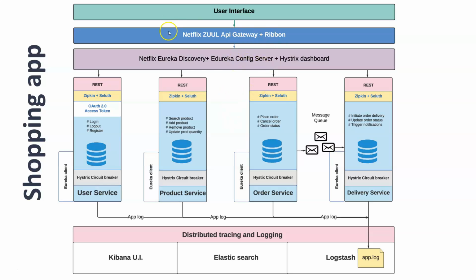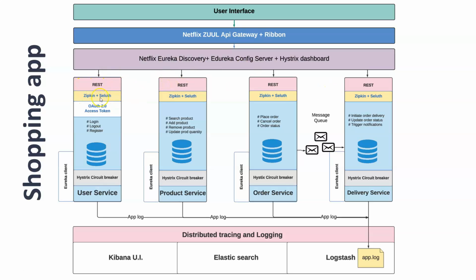Each microservice has the Hystrix circuit breaker enabled, and each microservice also has a Eureka client. Because Eureka discovery is a registry and each service has to register itself, we need to make use of the Eureka client. This client will make sure that the service is registered into the service registry, and the communication is through the REST endpoints.